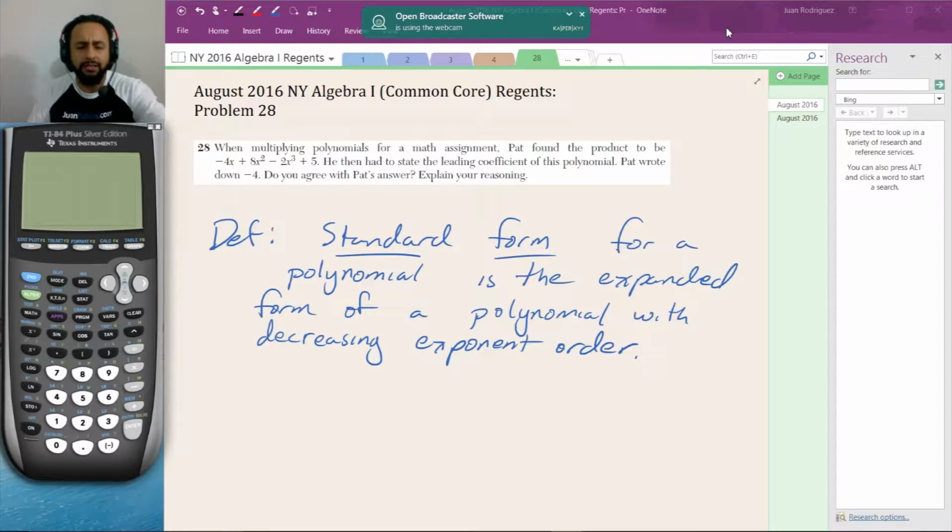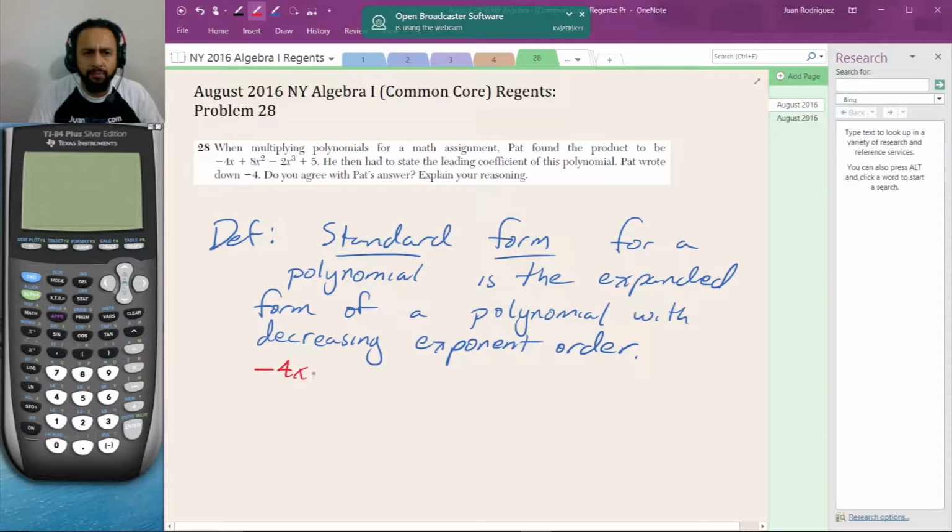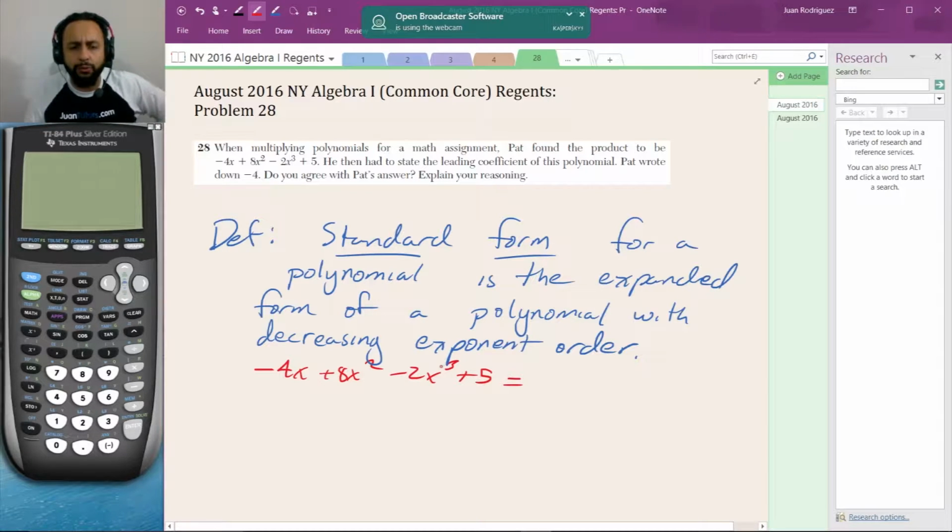So in this case, decreasing exponent order means negative 4x plus 8x squared minus 2x cubed plus 5 equals: the highest exponent is 3, so that's the first term, negative 2x cubed. Then the next highest exponent is 2, so plus 8x squared.